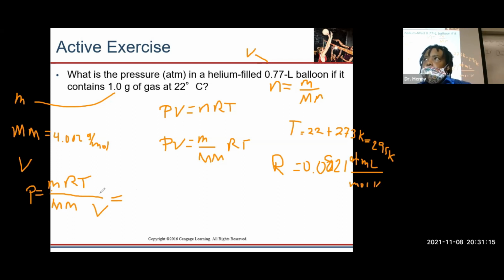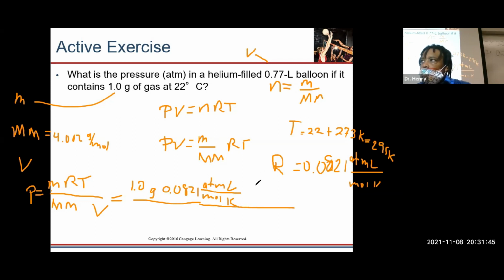Okay, we plug and chug. So our mass, 1.0 grams. Our R value, 0.0821 atm liters per mole Kelvin.